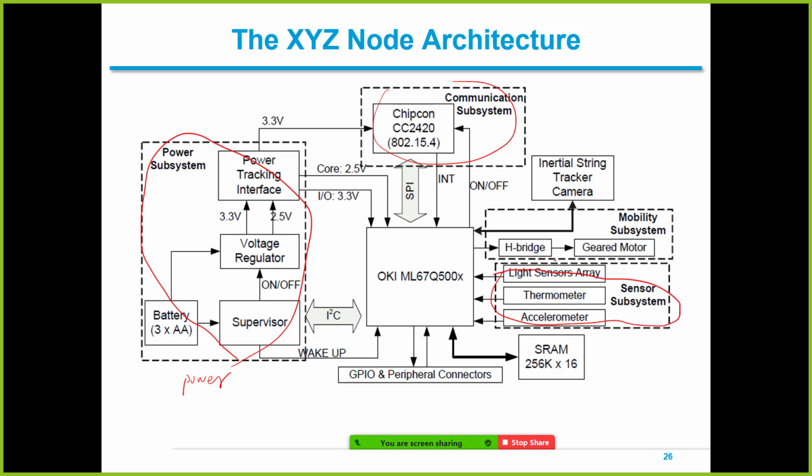And then here you can see that we have a geared motor. So this is the mobility subsystem. Using the motor, we can trigger some component like a camera or some other actuating components.